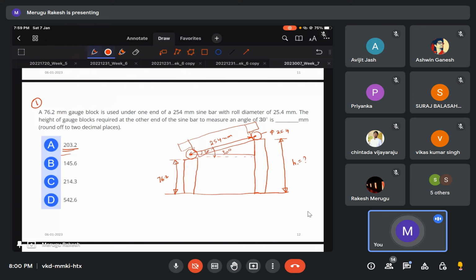If you use this, you can get the value of this opposite side. What is the value? Calculate the value.